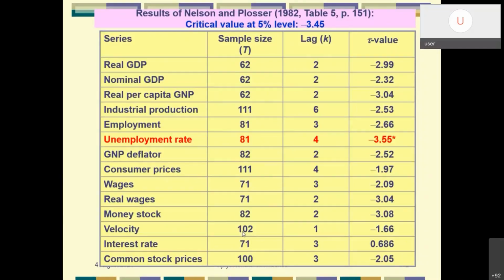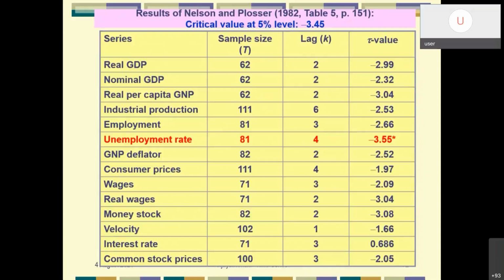And so naturally we know that there is some problem with the data sets. There may be some break in the series, especially when we are using large data sets, say 111. We have data on industrial production during the period of the Great Depression also. And Great Depression is a break point.